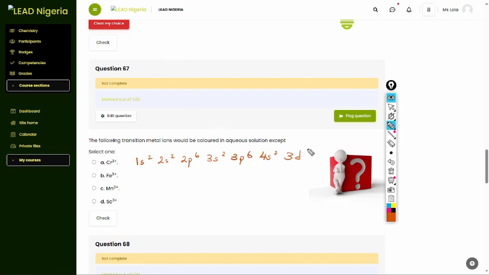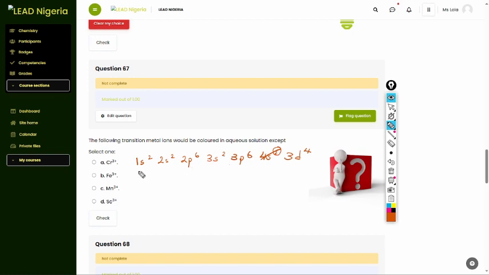So 24 should be 3d4. Now, when chromium forms a 2 plus ion, it loses those 2 electrons in the 4s orbital. So they lose electrons from the 4s orbital before the 3d orbital. So this goes away. Now 3d4, d can carry a maximum of 10 electrons, which means there are only 4 electrons here. So it means the d shell is not completely filled. So we would get a color for chromium.